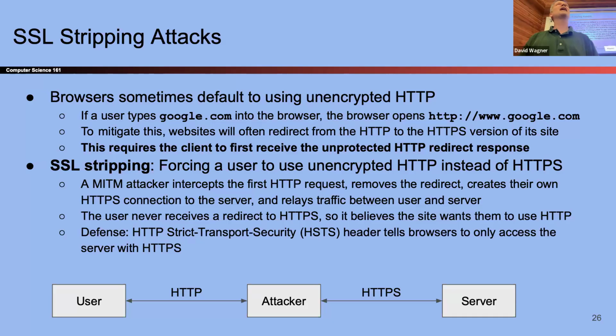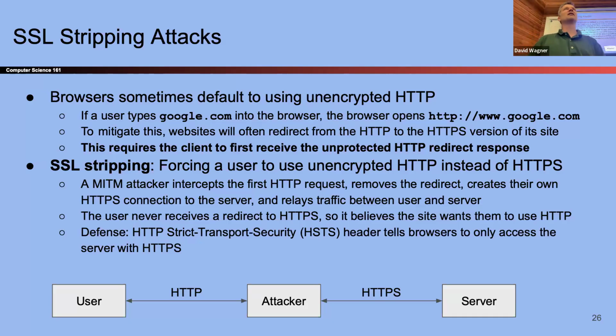Some browsers have had optional settings to try HTTPS first, but it was opt-in, it wasn't the default. Starting next year, Chrome has announced that they're going to be HTTPS first, and so I think this attack will not work.